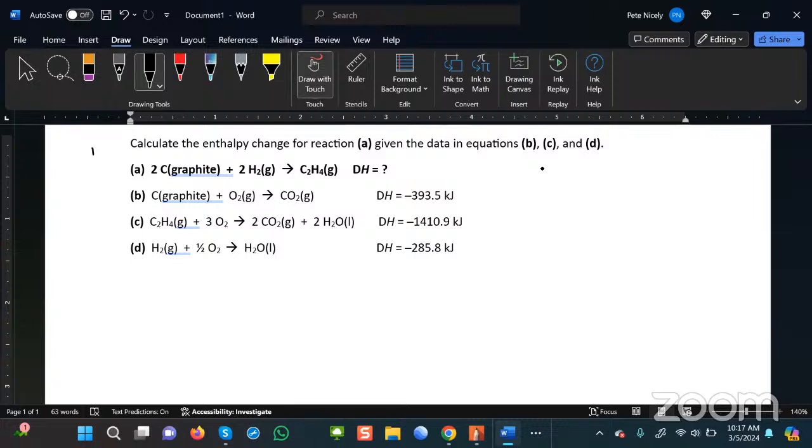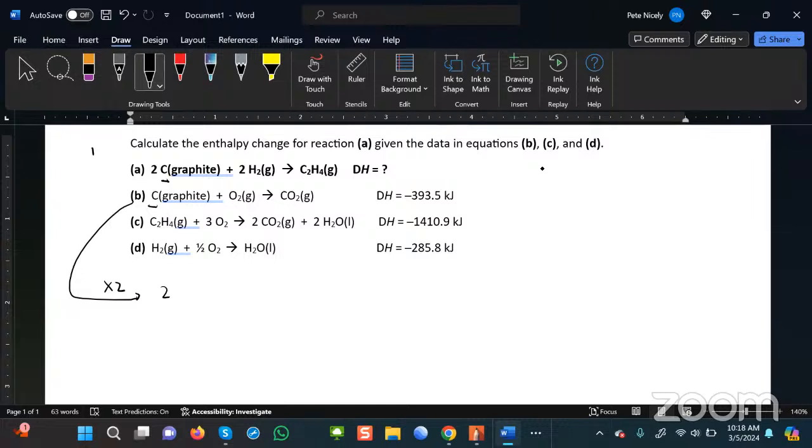And then you're going to make the following changes, starting with B, right? If you compare B to the first equation, you see that they both have carbon on the same side. But the difference is, in the first equation, there's a coefficient of 2. So I would multiply this equation right through by 2.